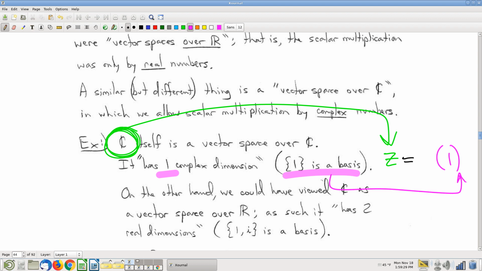And what is my scalar? Keep in mind, I'm allowed to pick any complex number now. So what scalar do I multiply by the basis vector 1 to get the arbitrary vector in C? Z. No surprise, I hope, but Z. Right? And that is a complex scalar.